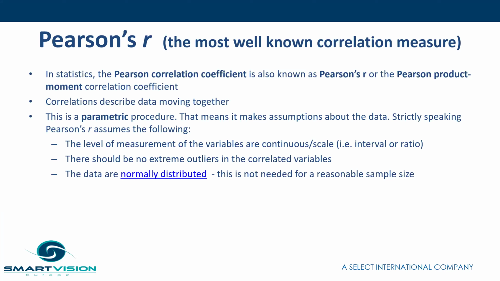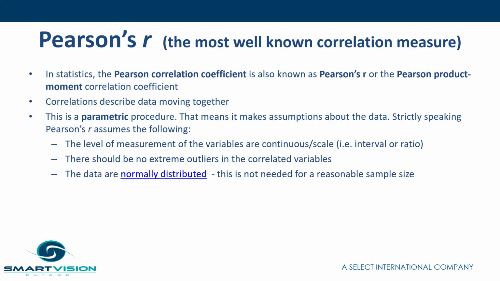But this is called a parametric procedure, and that means that it makes assumptions about the data. And strictly speaking, the correlation I've been using here, the default Pearson's R, assumes that the level of measurement of the variables is continuous or scale. So it assumes they're numbers. It does not assume they are rating scales, for example, like agreement or satisfaction. It assumes there are no extreme outliers in correlated variables. Well, they all kind of assume that. Any wild extremes are going to affect any analysis.